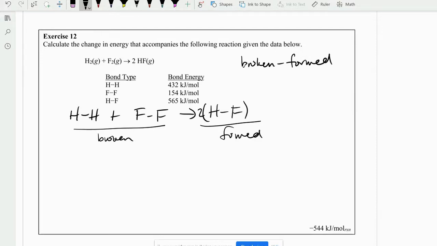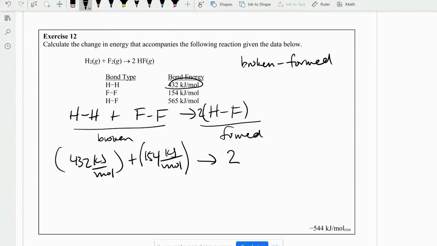So let's go ahead and just calculate the value. 432 kilojoules per mole plus, I'm just carrying that plus sign down, 154 kilojoules per mole minus 2, and 2 because that's our coefficient. We have 2 HFs. And each one is 565 kilojoules per mole.